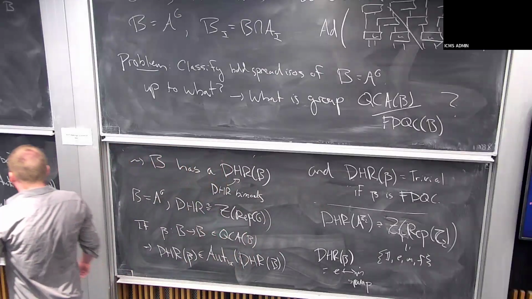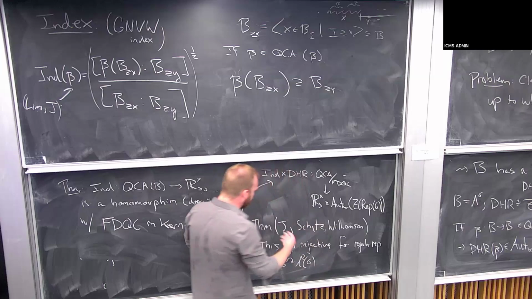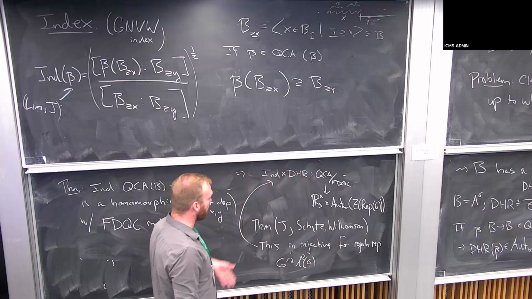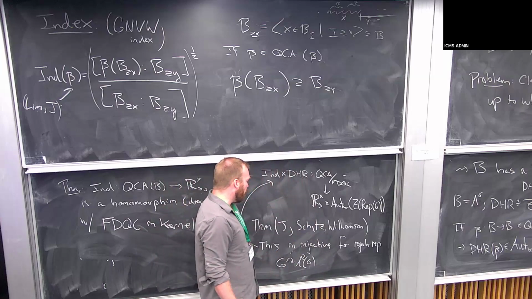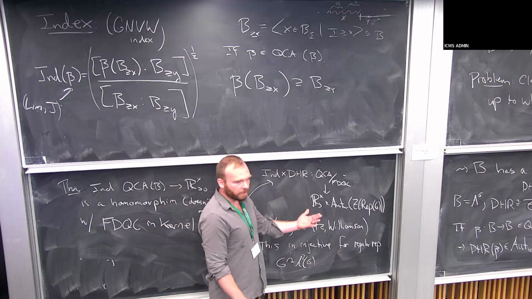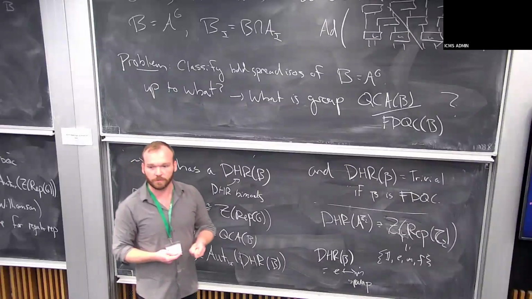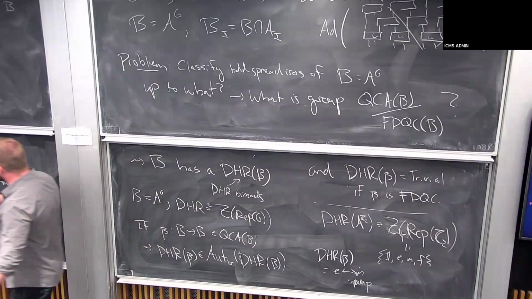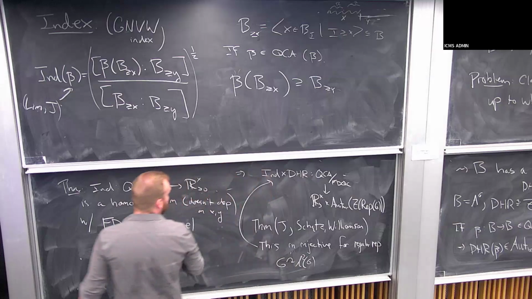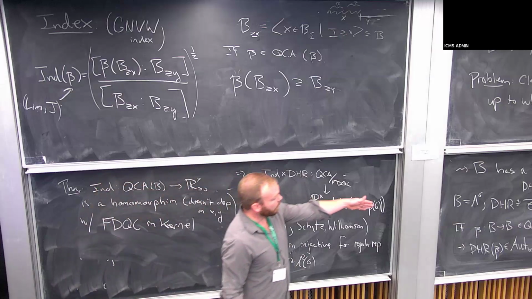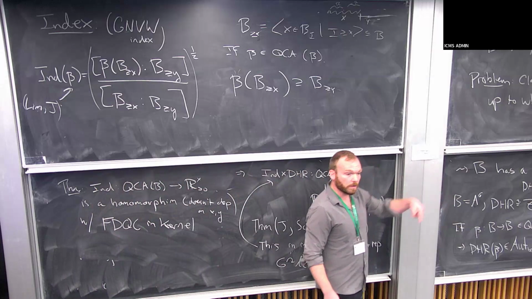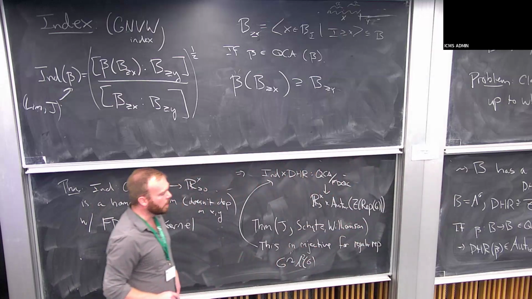And it's a little bit weird. It's an extension of one thing by another thing. I can tell you what the elements in the image are. But yeah, we haven't found a nice way to say what the actual group structure looks like. But nevertheless, if you're thinking of this as an invariant tool to tell whether or not these two things are apart, this says this numerical index generalizing GNVW and this action on the DHR bimodules, they tell you everything you need to know. Okay.